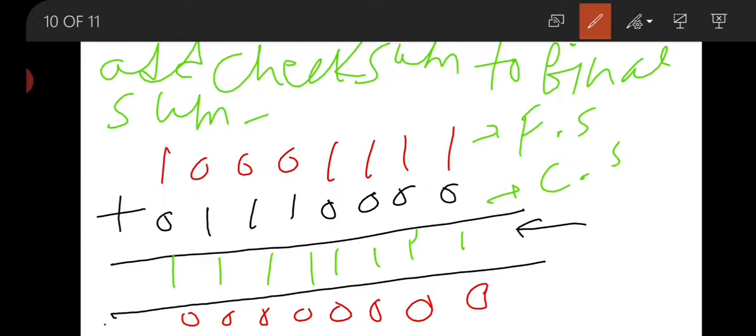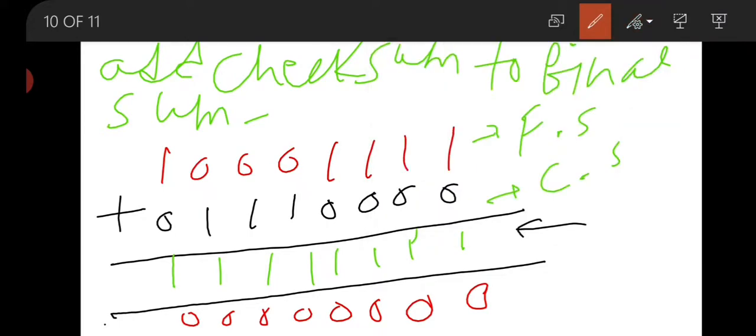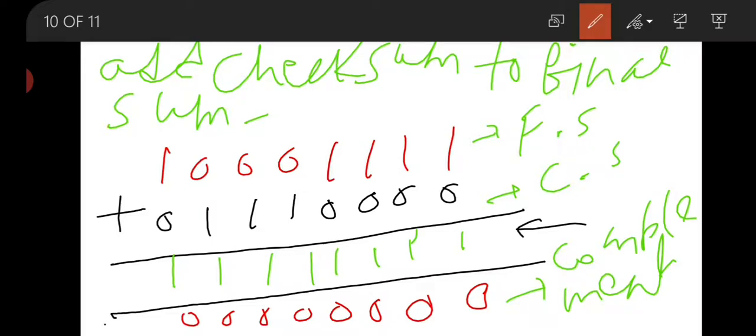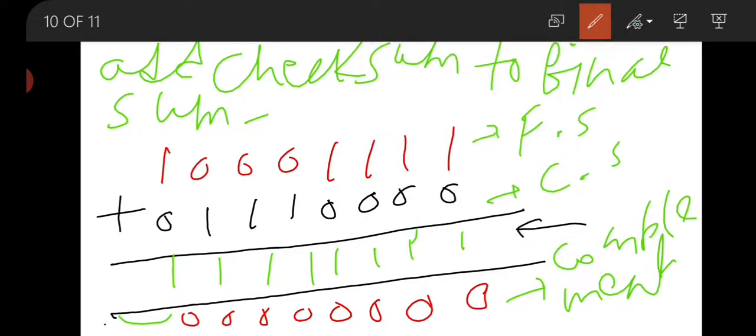Now all the complements are 0. This is the complement of the final sum, and as you can see, all the complements are 0.